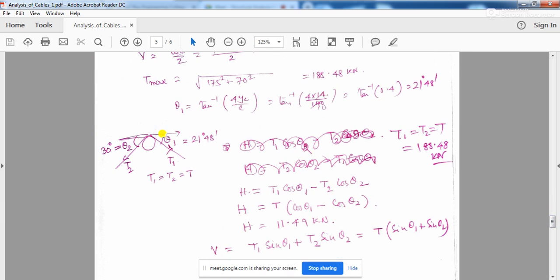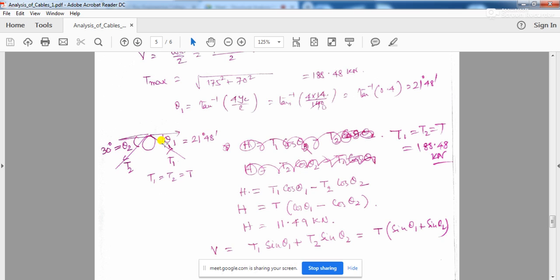We will be using this formula while solving this problem, because you need to know the value of theta 1 if you want to find the horizontal and vertical components of force because of T1 and T2. In case of a frictionless pulley, T1 is equal to T2, and you know the angle theta 2 because you know the angle the backstay makes with the horizontal.